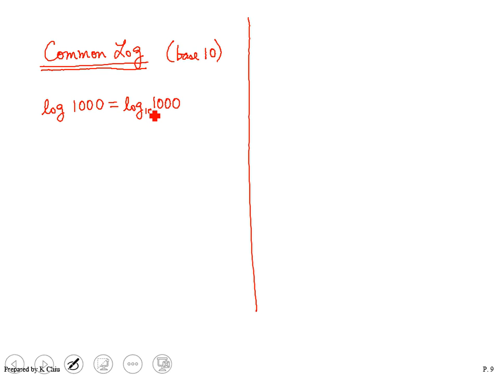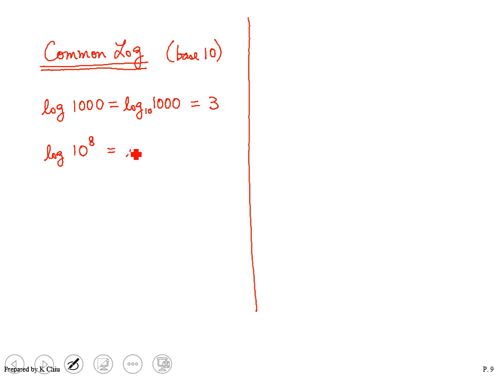Although when we practice more and more, we don't even bother to write the middle step. We know the base is 10. So in our mind, we are thinking of 10 to the what would be equal to 1000. So what would that be? That would be 3. Or if I have log 10 to the 8th power, wow, that is interesting.